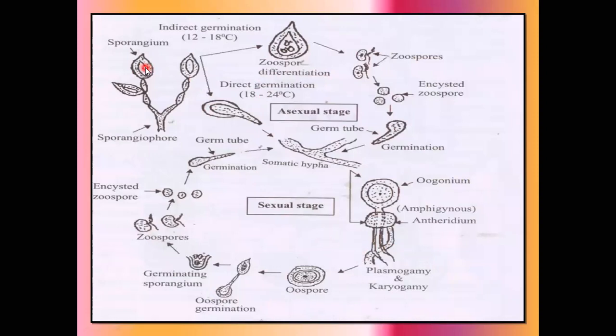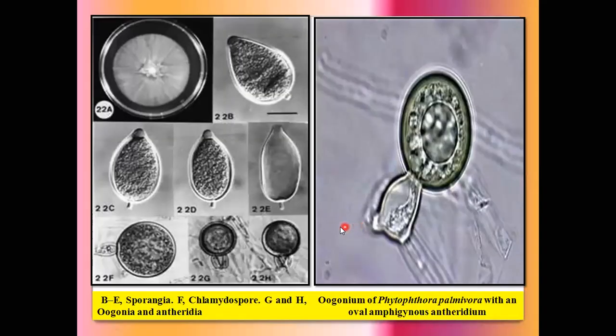These are the sporangia developed at the tip of the sporangiophore, and these are the biflagellate zoospores. The oospore is developed after the fusion of male and female gametes. These oospores again germinate to produce zoospores and sporangia. In this way the life cycle of Phytophthora palmivora is completed.